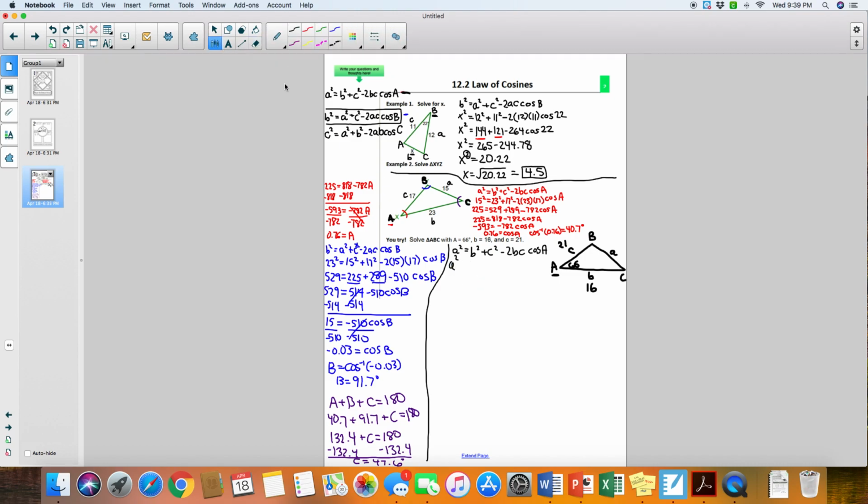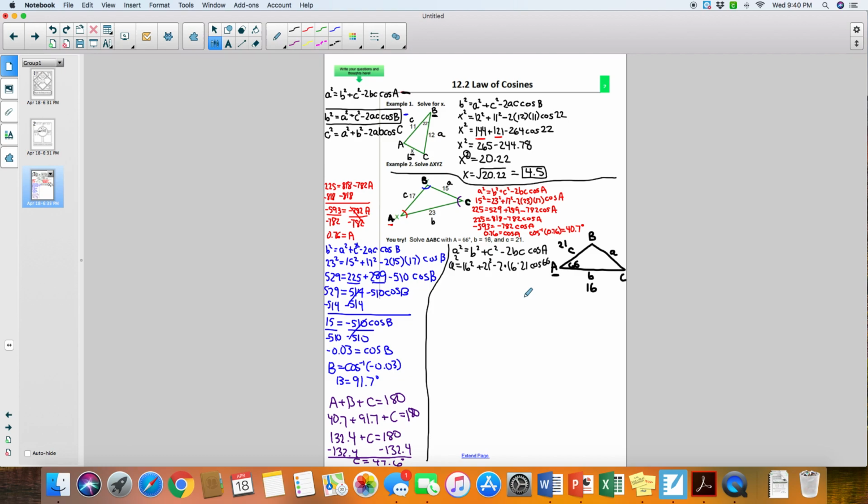Equals, b is going to be 16, so I'm going to have 16 squared. c is going to be 21, so I'm going to have 21 squared. Minus 2 times b, which is 16, times c, which is 21, and then the cosine of angle A, which is 66.